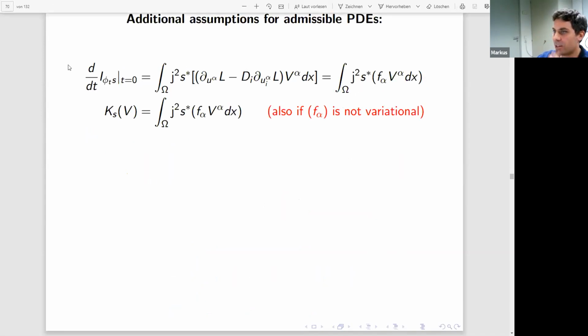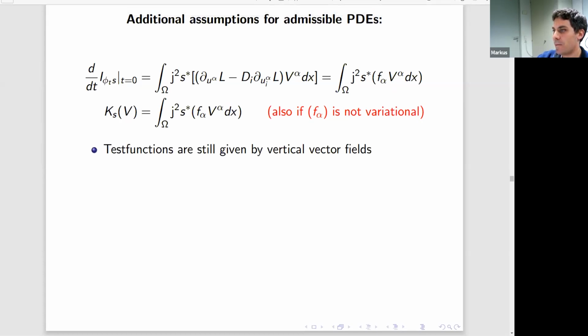So here it is again, everything I said on the slide before. So also for non-variational weak formulations, we have the specific test functions here. And here is the slide with all the additional assumptions we have to make now for our PDEs.